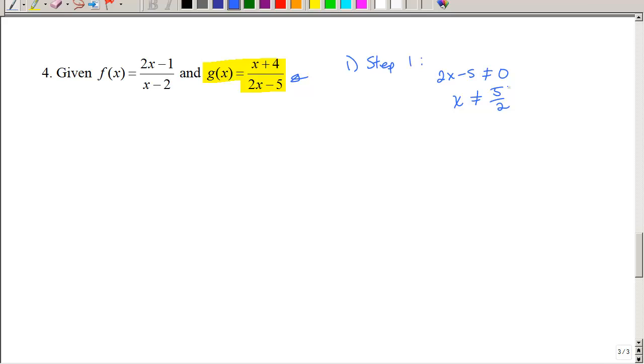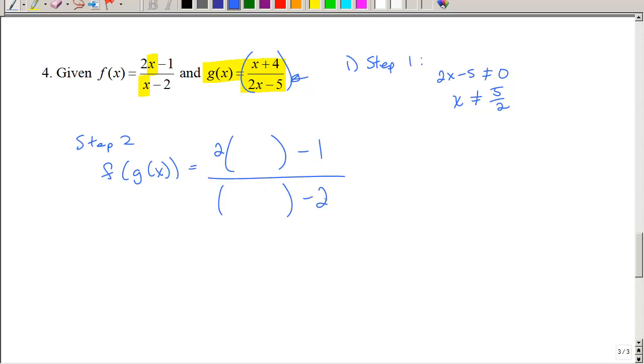That's the easy part. Now, step 2 is I have to find f of g of x. That means everywhere there's an x, I'm going to replace it with that. So I have 2 times something minus 1 over something minus 2. And what is that something?